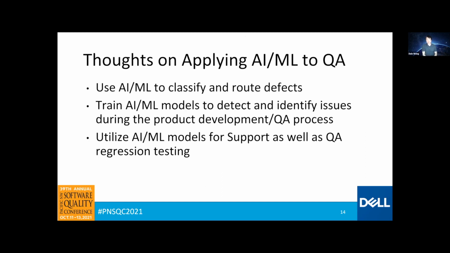So, thoughts about applying AI/ML to QA. Aside from these ideas, I can tell you for a fact that I have now found QA teams within Dell that are using AI/ML during the product development process as part of their test cases, right? They build these models and use them to identify issues. So this actually is happening.